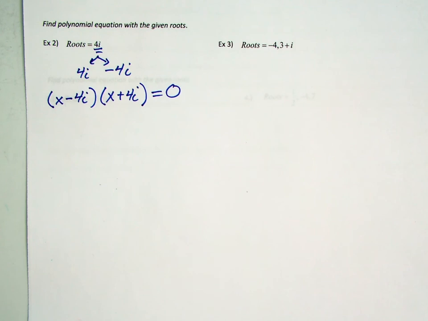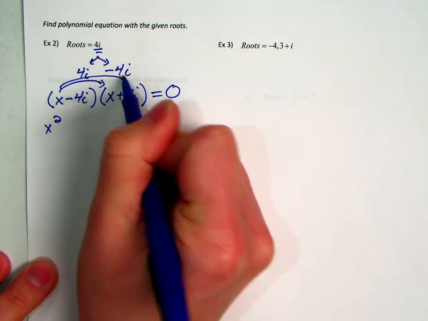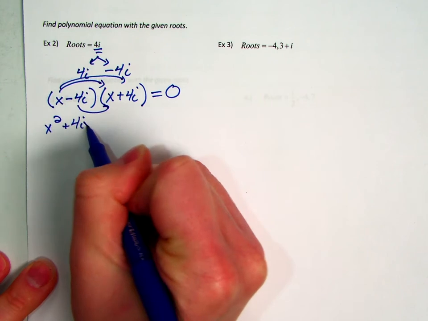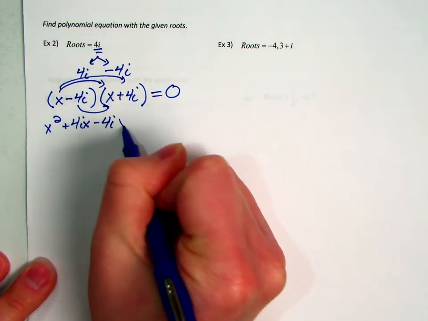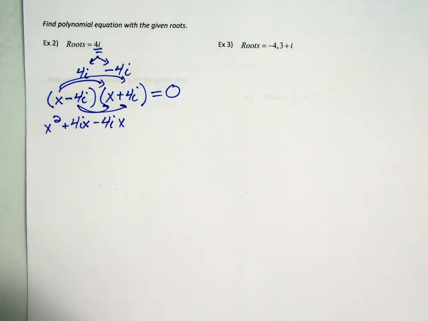Then it's distributing like normal, but you have to remember to think about how these i's affect things. So x times x is x squared. x times positive 4i is positive 4ix. Negative 4i times x is negative 4ix. Negative 4i times positive 4i is the one you have to be careful with.